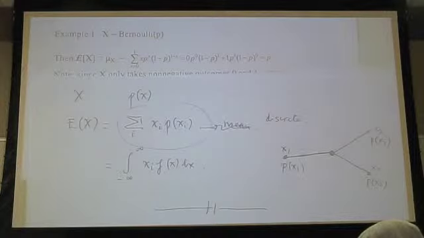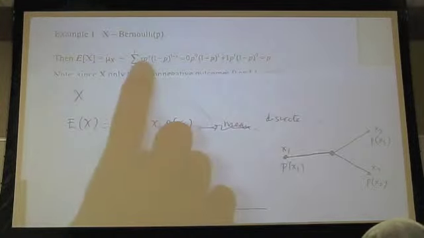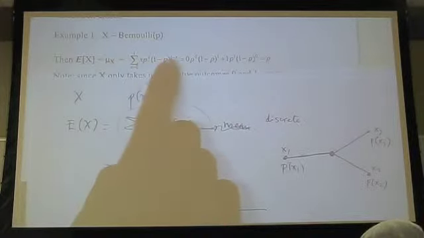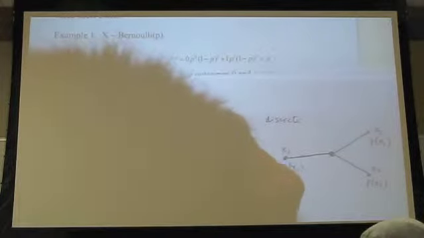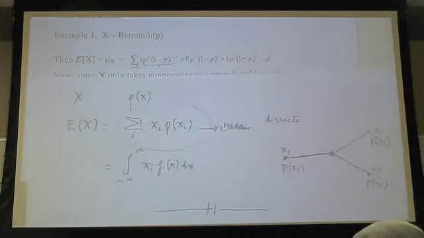So I'm going to sum from x equal to 0 to 1 of x times p to the x times 1 minus p to the 1 minus x, because this is the frequency function, the f of x, right? Okay, so now you just have to sum it.